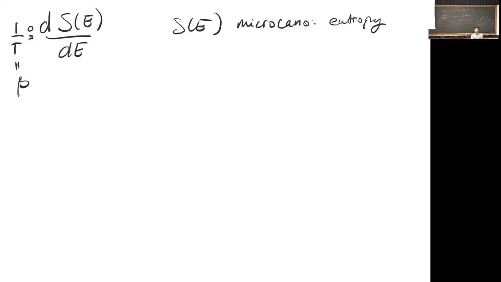It must have increased, because if you put a bit more energy, you allow for more configurations. Then this derivative is the inverse temperature.